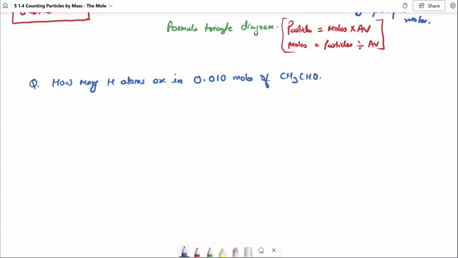Okay, let's calculate one by one. So I can break it down like this.